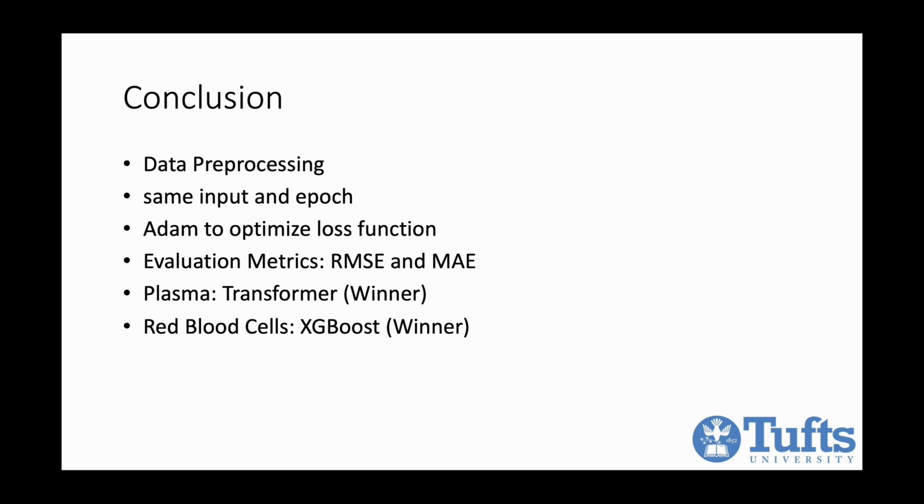For the red blood cells data, LSTM and GRU did not contribute much to the prediction, and XGBoost has the best performance with the smallest RMSE and MAE. Also, both XGBoost and transformer are effective at reaching the peak and the bottom of the data, so that they can predict accurately.